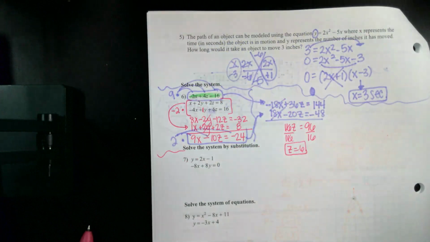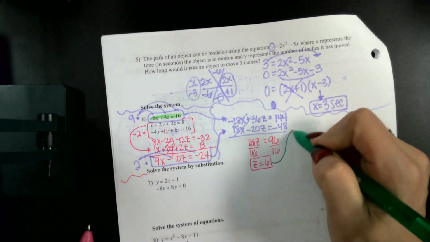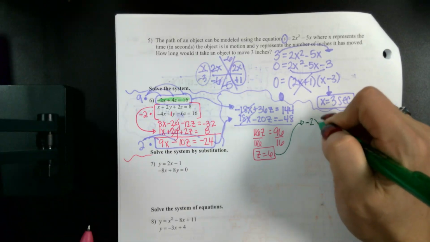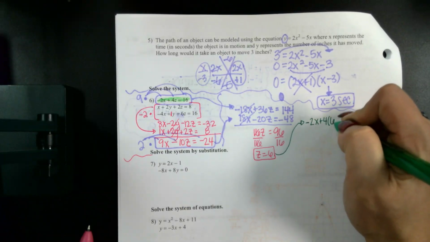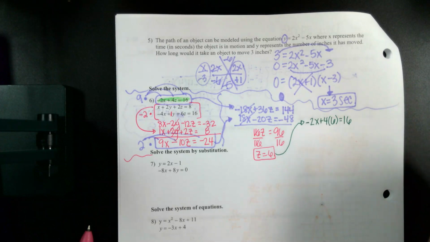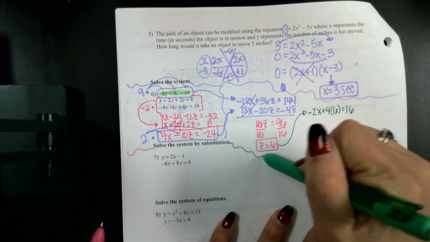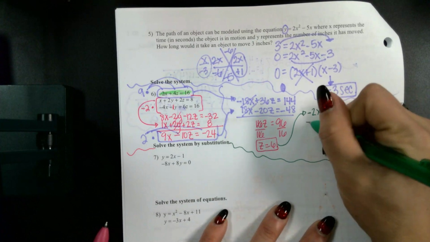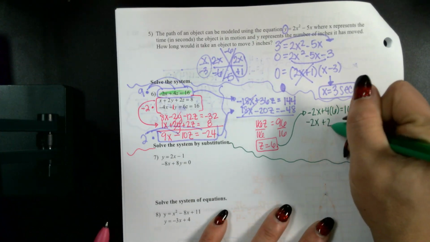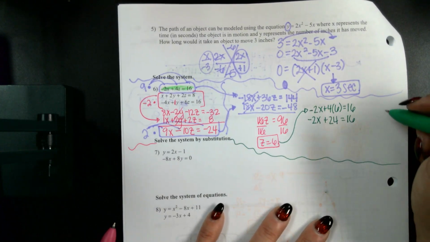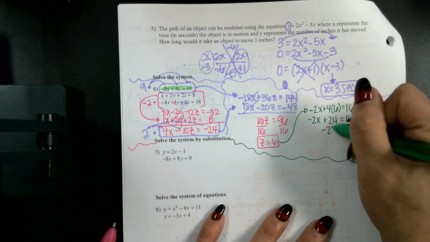So that's what I'm going to do. I'm going to take this over here, and I'm going to do a negative 2x plus 4 times 6 equals 16. So we're just doing a plug and chug. 4 times 6 is 24. And then that's just a two-step equation, so you guys would subtract and divide.